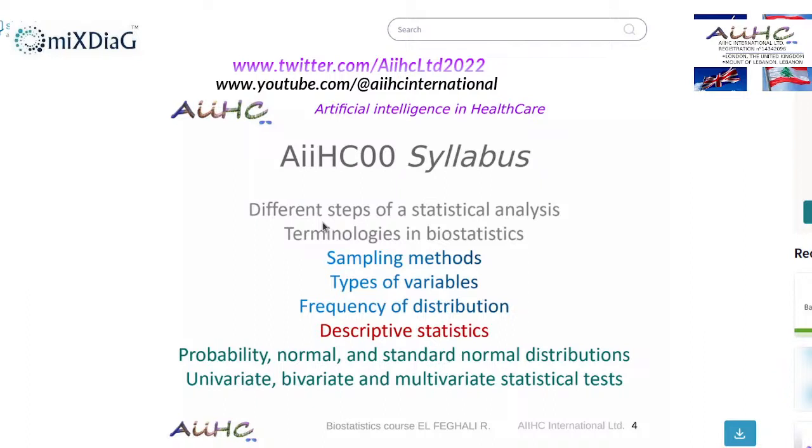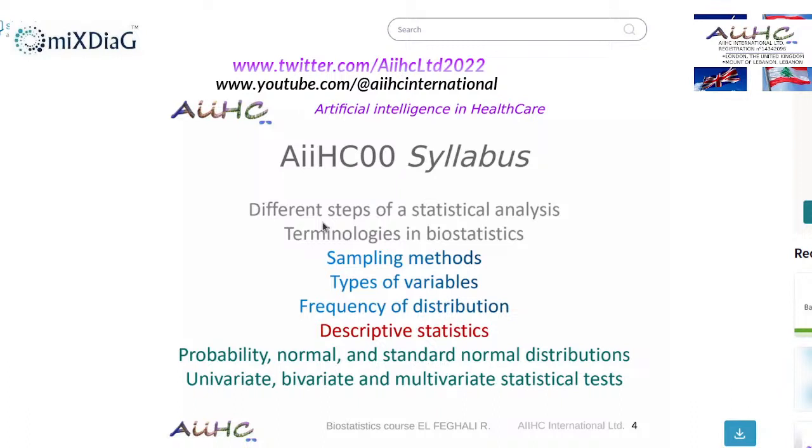How you assess in fact the distribution of a population, for example. Descriptive statistics, the main formulas we will calculate to quantify in fact also the values or the observations.